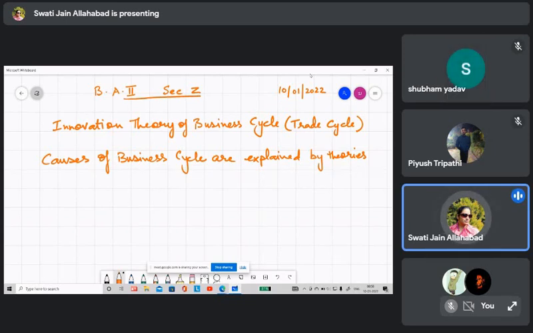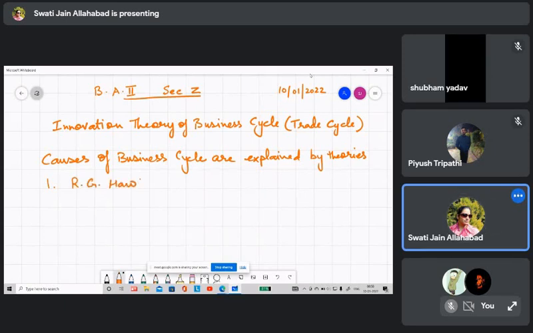So the first explanation behind business cycle was R.G. Hawtrey's monetary theory of business cycle.